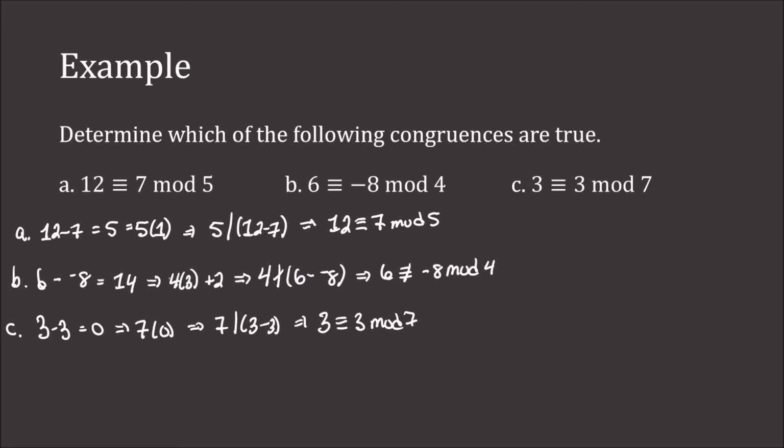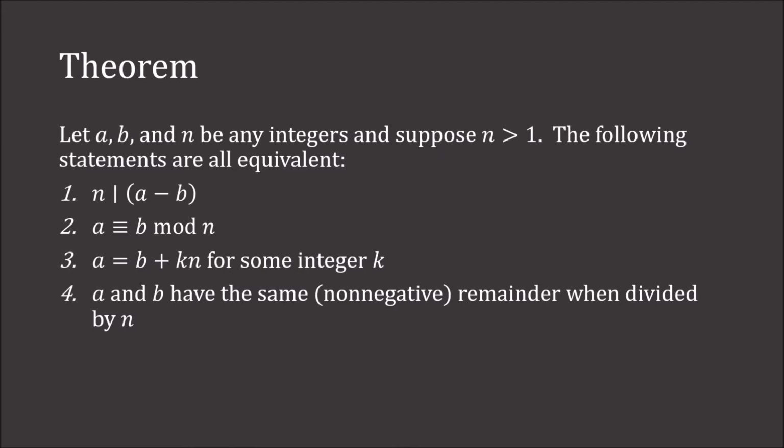Now, we're going to list 4 equivalent statements. Let a, b, and n be any integers. Suppose that n is greater than 1. The following statements are all equivalent, meaning that any of these 4 statements say the same thing. Any of these 4 imply another one.